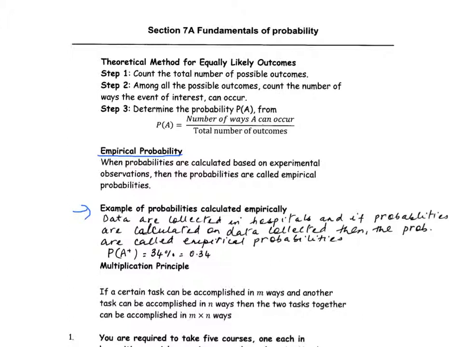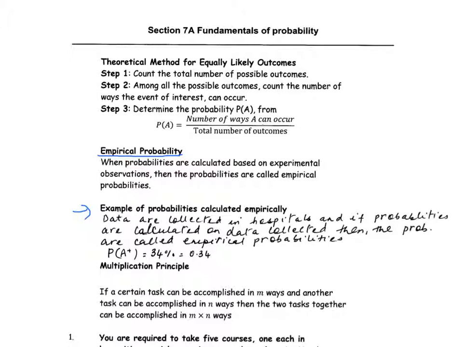Suppose we base our results or probabilities on the data that are collected in hospitals. And usually when you walk into a doctor's office or you walk into a hospital, you give a lot of information about your health and physical conditions and other things in the form of questionnaires.